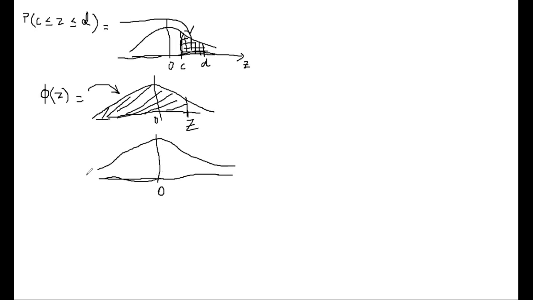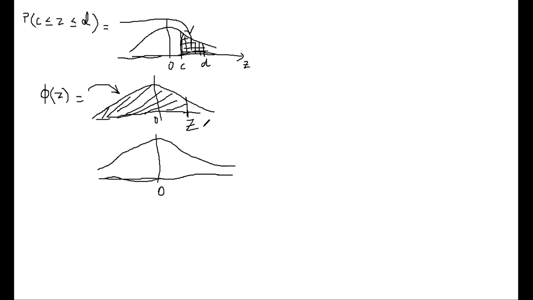What we are doing is this: the area under the standard normal curve is nothing but representing some probabilities. All the probabilities that we are going to deal with in the normal distribution are nothing but some area under the standard normal curve.